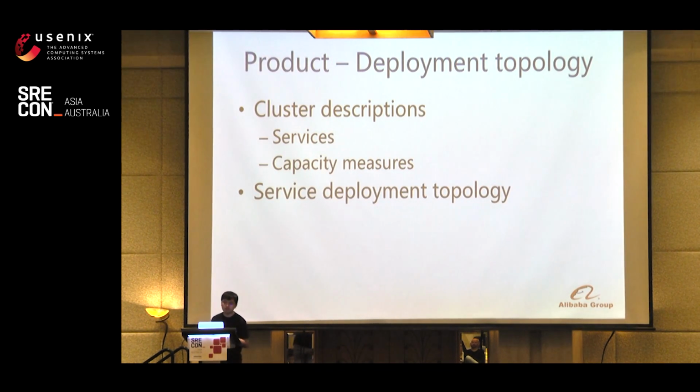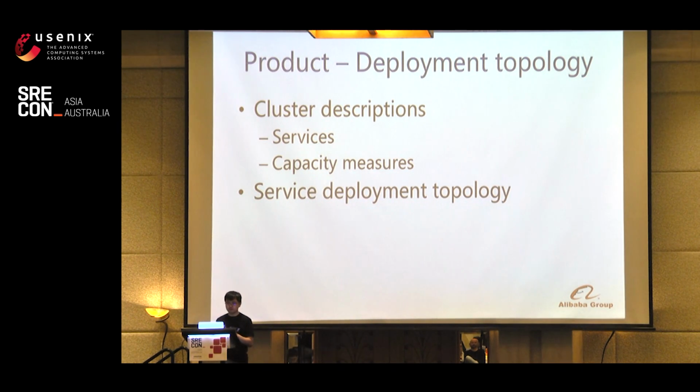And the second thing, the deployment topology. The deployment topology will describe how many clusters we need for this product, and how many kinds of clusters we need. And for each cluster, we need to describe what kind of service it needs, and also how to measure the capacity. Just like the elastic compute service, for example, normally we will measure the capacity with vCPU or vMemory, or this kind of measures exposed to the end users.